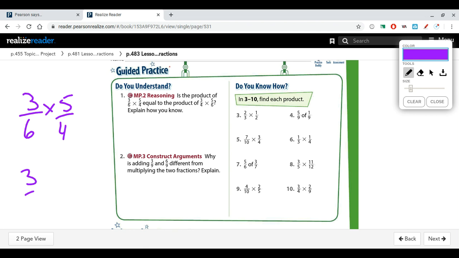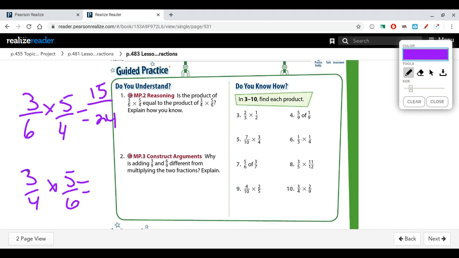So does changing the order of some of my numbers, does that matter? So I look and see, can I cross cancel? 3 and 4, nope, nothing common. 5 and 6, nope, nothing in common. So 3 times 5 is going to be 15, and then 6 times 4 is going to be 24.